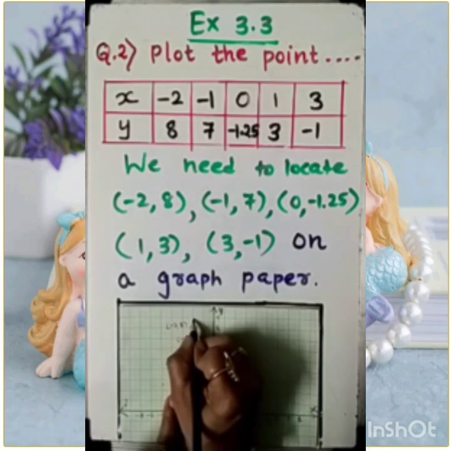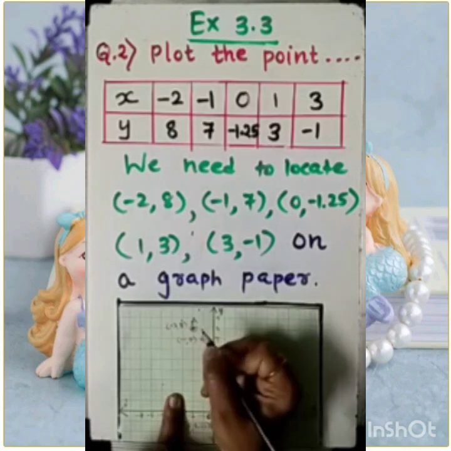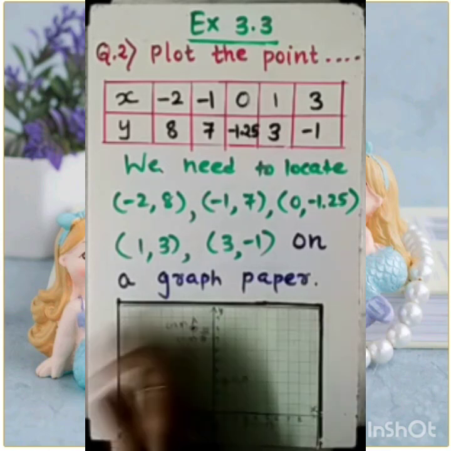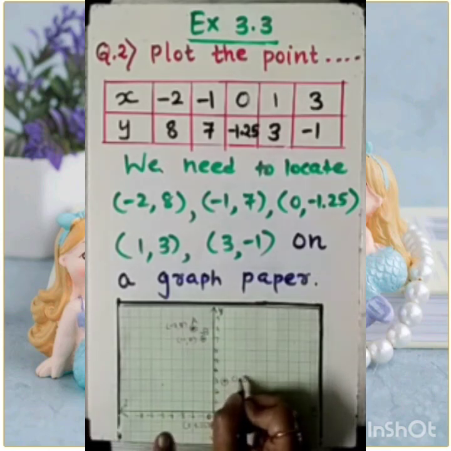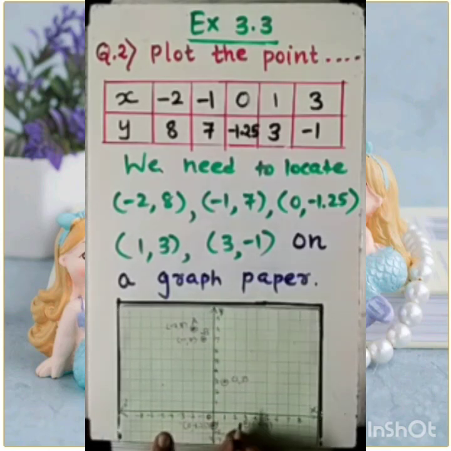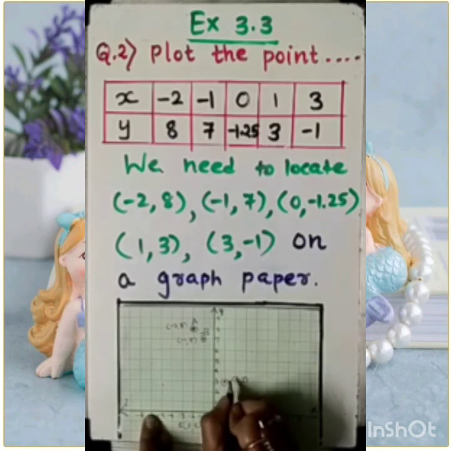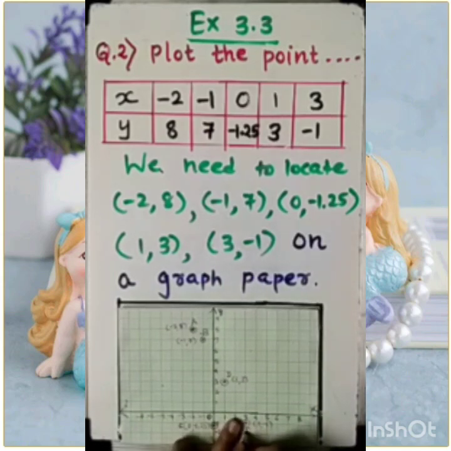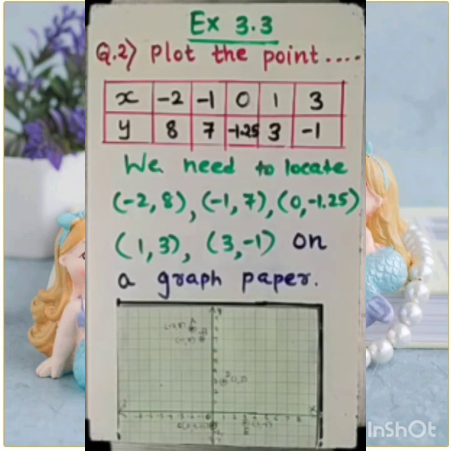The first point is A, here is B, this point is C, then 1, 3 is D, and this last one is E. So this is the complete location of the points on a graph paper. I hope it's clear to you.